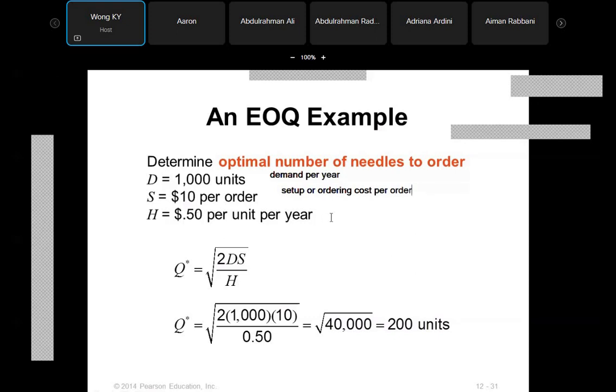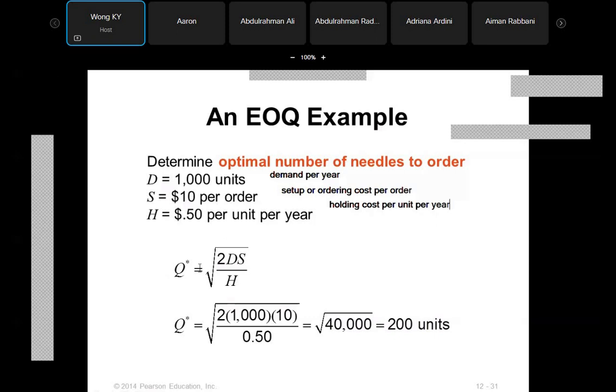What is H? H is the holding cost. And it has to be per unit, for 1 unit for 1 year, per year. So please remember this. So if we know this, then we can easily calculate the optimum order quantity.